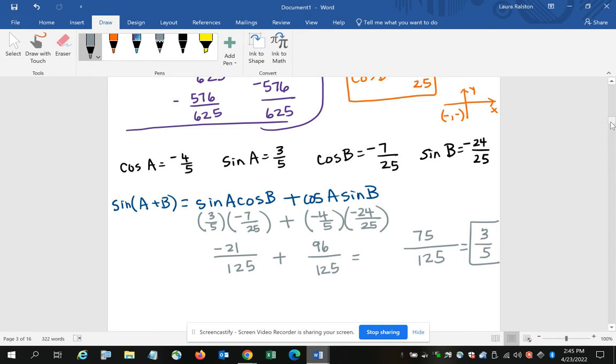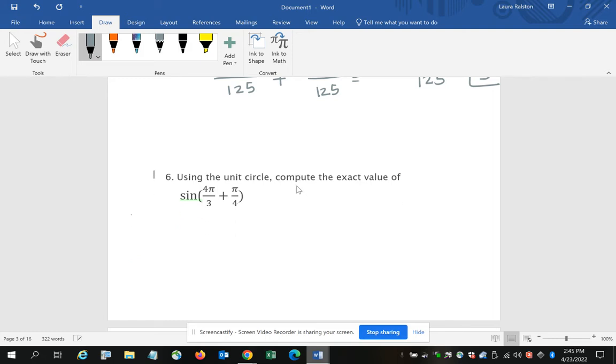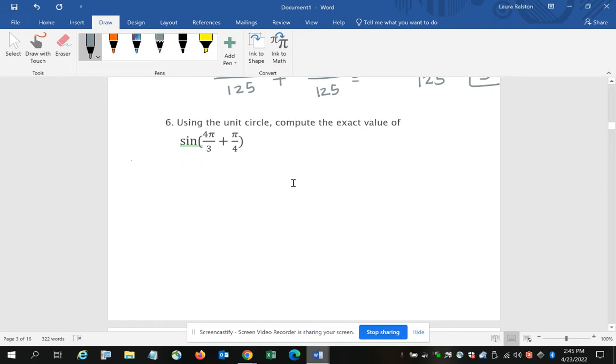Okay. It is a lengthy problem, guys. You have to be careful, okay, and watch your numbers, but it'll help you if you'll write the formulas down as you go. Okay, this one says using the unit circle. So you'll want to have your unit circle nearby, okay, when you're doing this. And we want to do the sine of 4 pi thirds plus pi fourths.